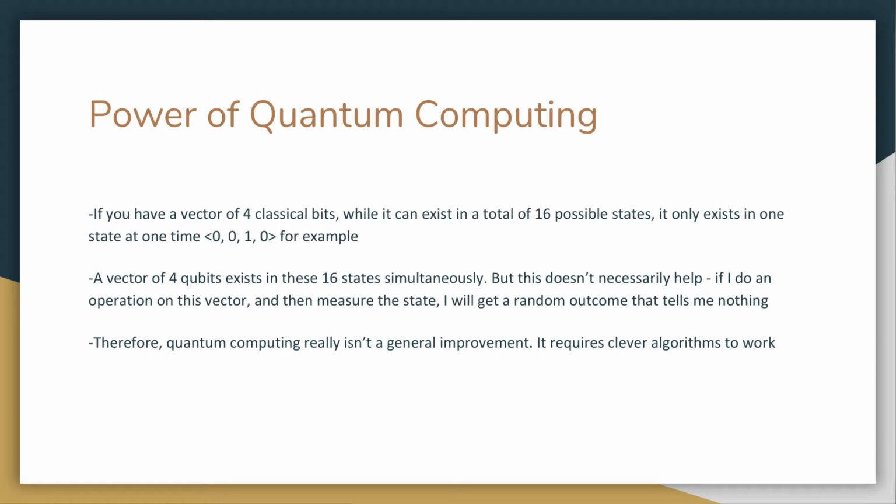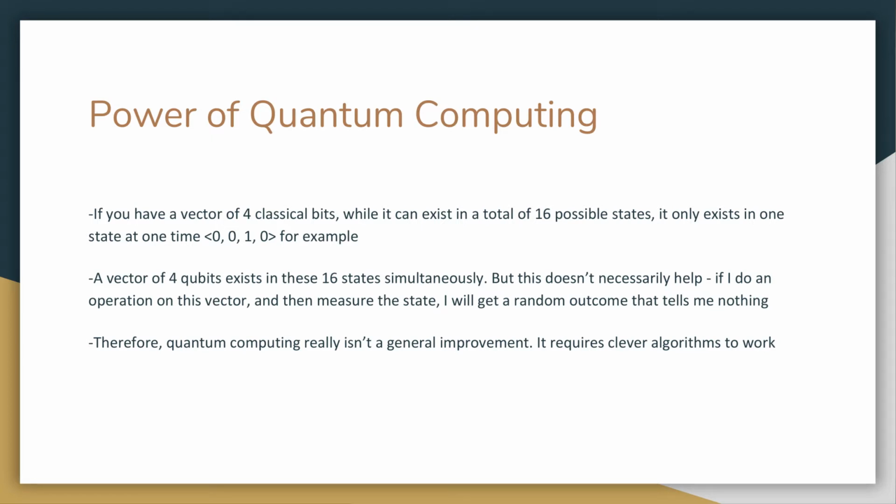But that's not necessarily helpful, because if you do an operation on this vector of 4 qubits and then try and measure the state, you'll get a random outcome. It'll tell you nothing. But you can still use this to get improvements, but you need a very clever algorithm to do it. And that's where quantum algorithm design comes in.